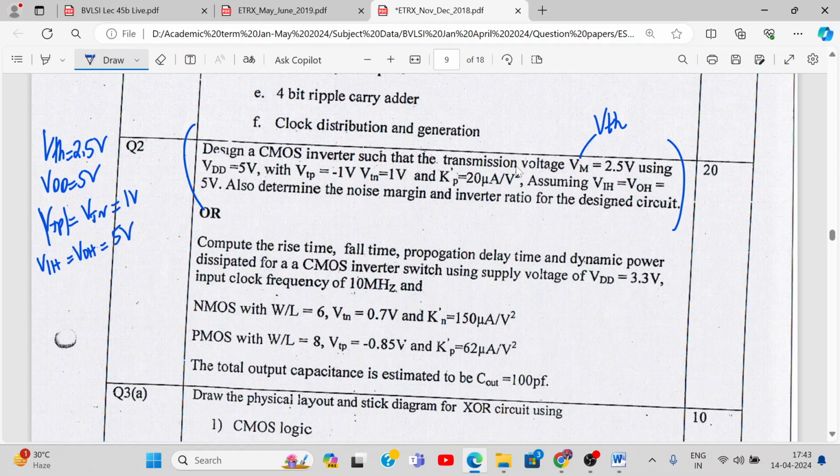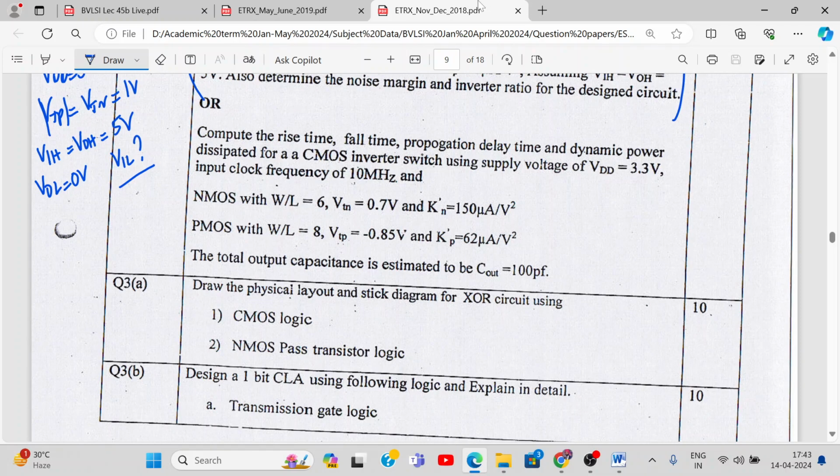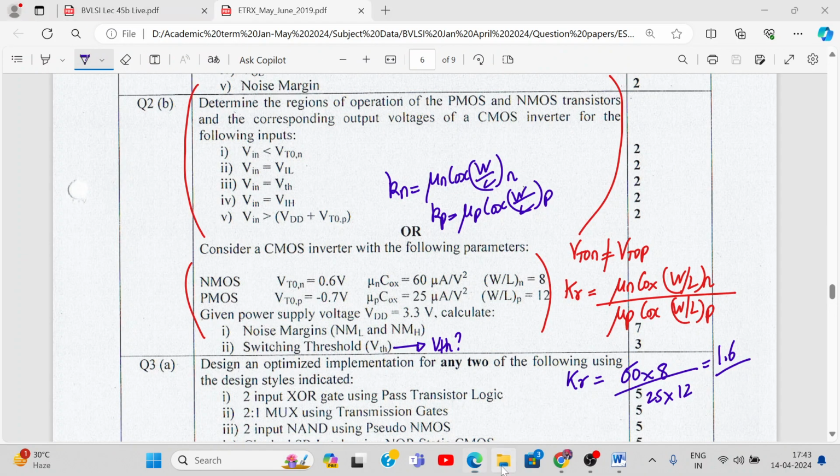Determine the noise margins and inverter ratio for the design circuit. So VOL is how much? 0 volt. We know that. We have to only find the value of VIL. We know the formula for VIL, right? So we have to find the value of VIL and then design this inverter. So we'll see this somewhat later. Design of CMOS inverter is pending.